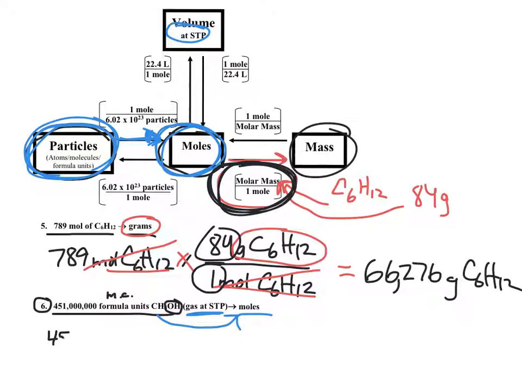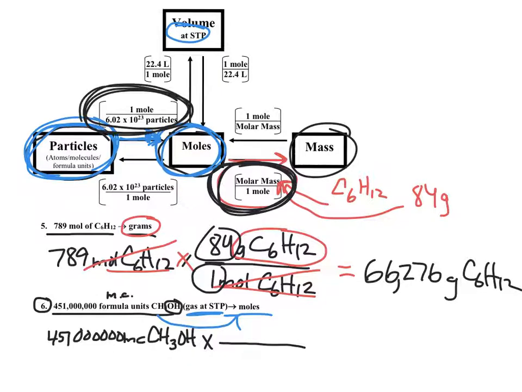All right. So I've got 451 million, and that probably should be molecules. I'll have to look that up, but that looks like all nonmetals. I don't believe that's coming together as an ionic, so that should be molecules. And now that I'm doing that, I have this top fraction I'm going to use.